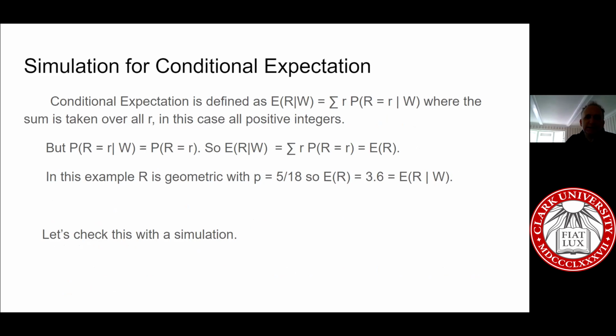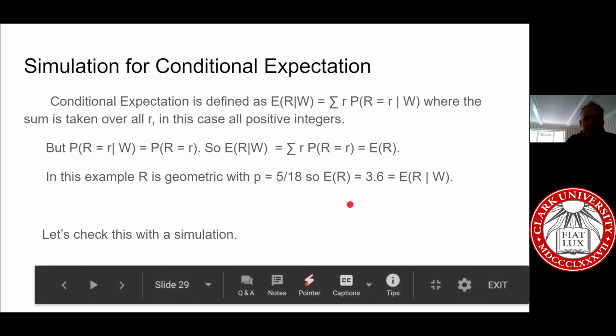Basically this is the definition of conditional probability, and I can replace this up here, in theory, with this. And I have that the expected number of rolls given a win should just be the expected number of rolls. So it shouldn't matter whether we win or lose. E of R is equal to 3.6, which is equal to E of R given win, also equal to E of R given loss.